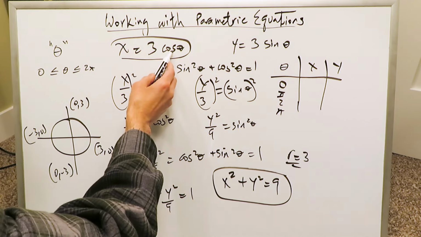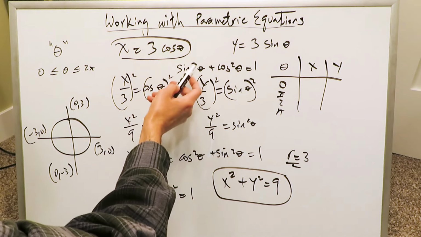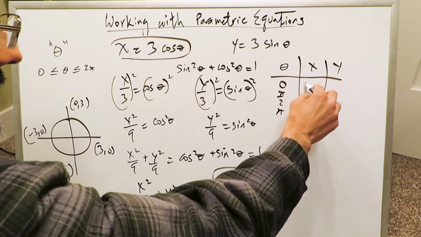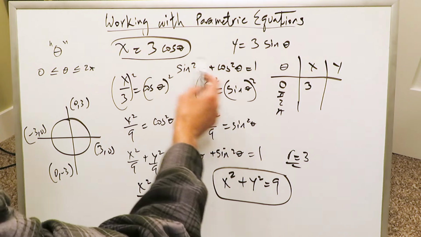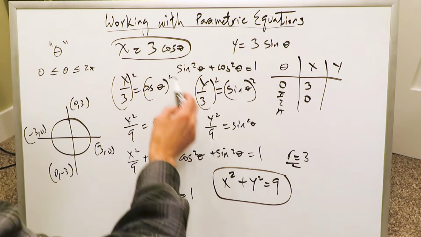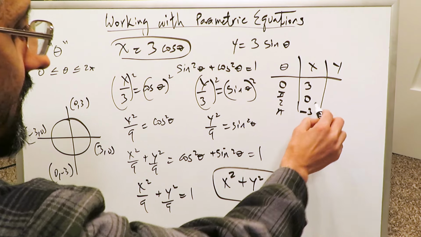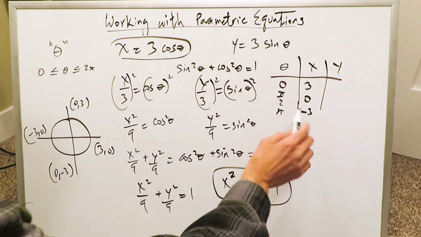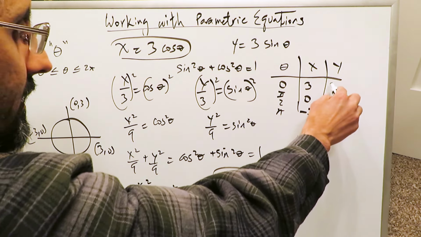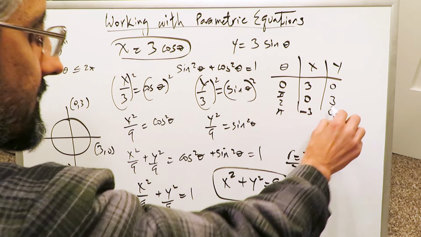When theta is 0, cosine of 0 is 1 times 3, you're getting a 3. When theta is pi over 2, cosine of that gives you a 0 in terms of x. For pi, you're getting a minus 3. You're getting very much these values here, which would correspond very well to the y values you're seeing over here, 0, 3, and 0.